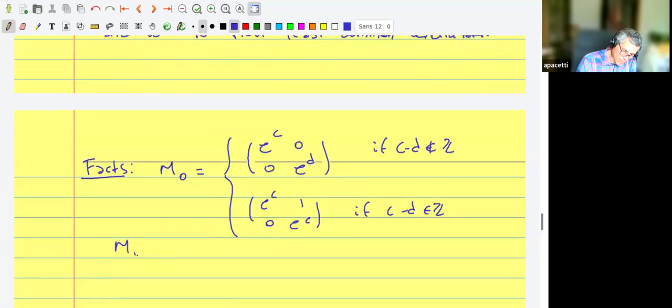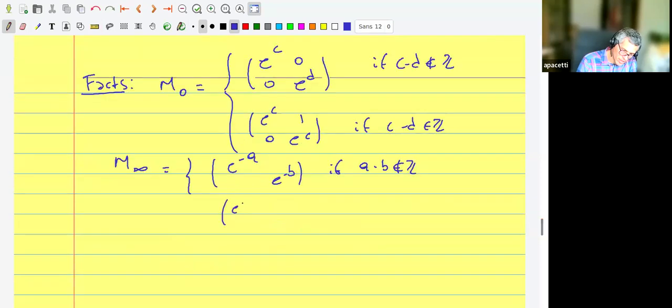I'm going to define similarly the matrix at infinity, e to the minus a, e to the minus b, if a minus b is not an integer, and e to the minus a, 1, 0, e to the minus a, if a minus b is an integer.